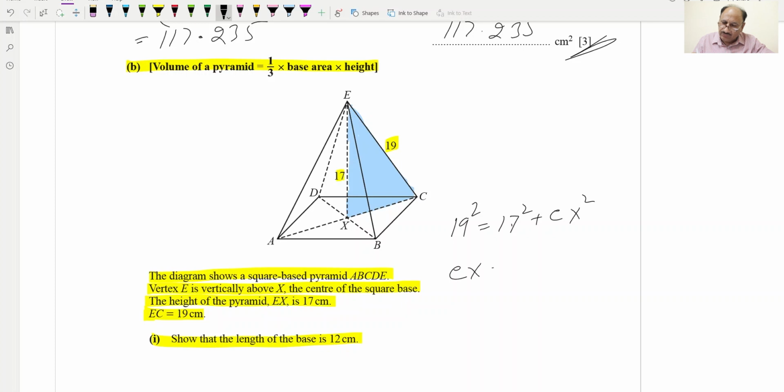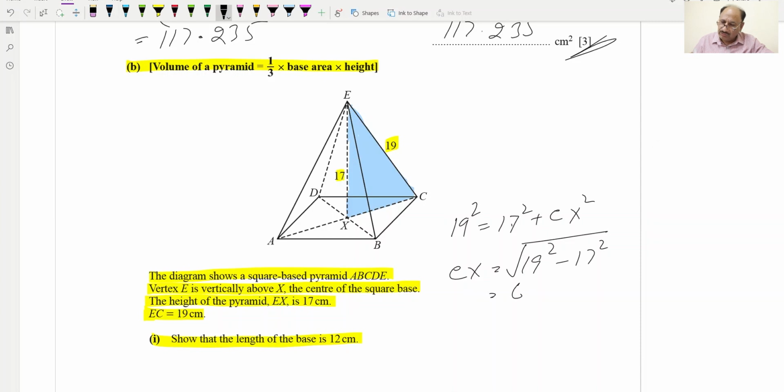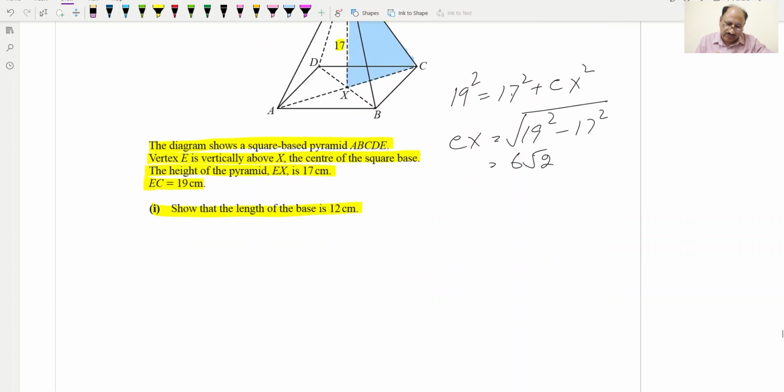Now CX will be equal to what? CX will be equal to the square root of 19 squared minus 17 squared, and we can calculate this with the help of a calculator. 19 squared minus 17 squared is equal to 6 under root 2. 6 under root 2. But this is the CX value. If we want the AC value, we can write AC is equal to 2CX, and this will be equal to 2 into 6 under root 2, and this is equal to 12 under root 2.